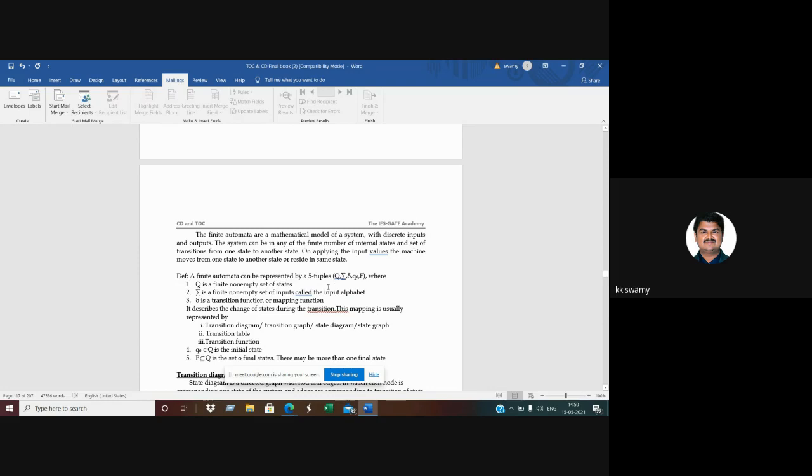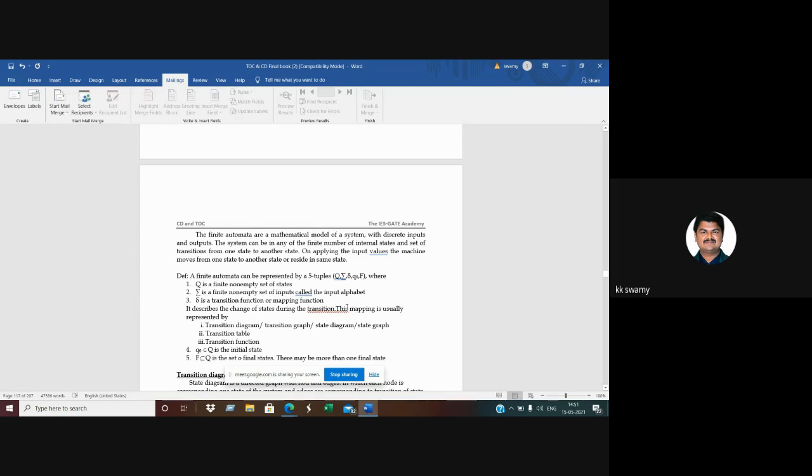Now, the finite automata description: finite automata are a mathematical model of a system with discrete inputs and outputs. The system can be in any of a finite number of internal states, with a set of transitions from one state to another state. And on applying input, the machine moves from one state to another. That's why the finite automata is described using 5 tuples.